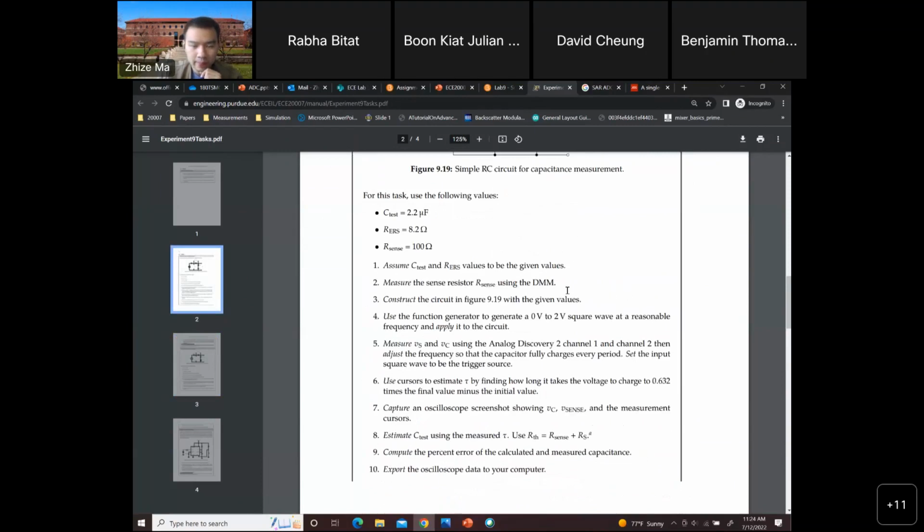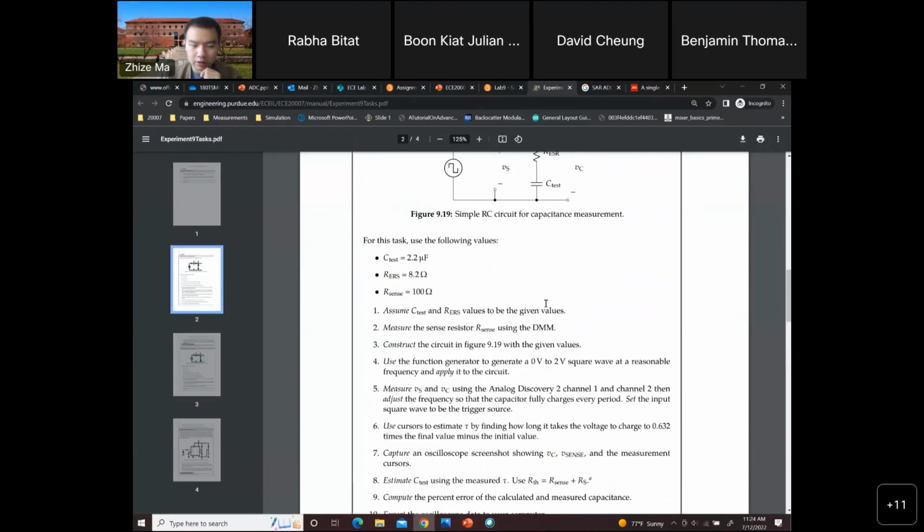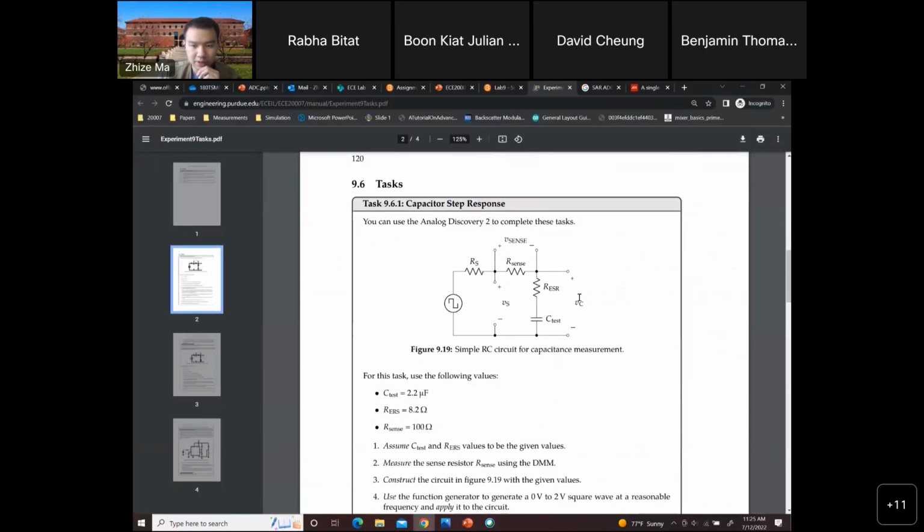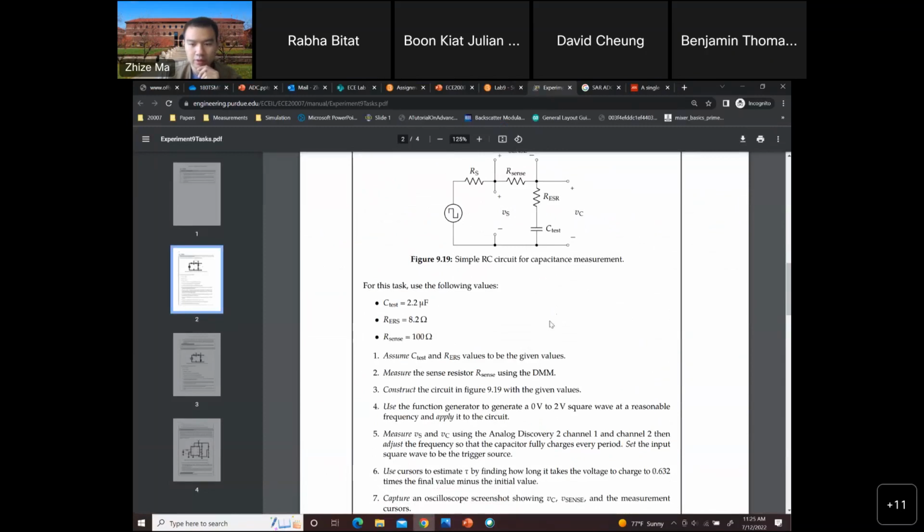You're going to use the function generator to generate a square wave with a reasonable frequency. What's the meaning of a reasonable frequency? It looks something like this. After you build this circuit, you're going to measure Vs and Vc using the oscilloscope.